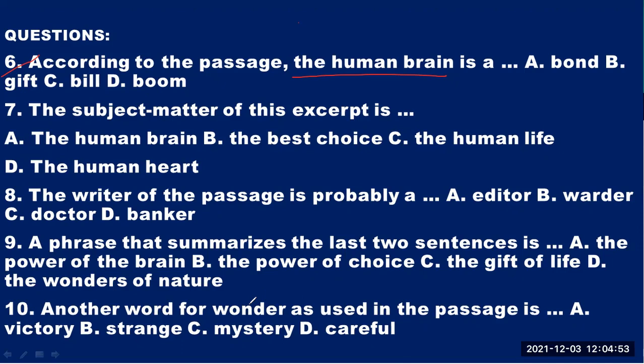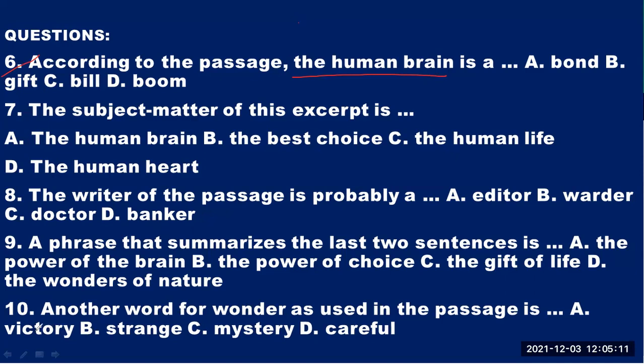And then we know the phrase that summarizes it. We know what those 2 sentences are about, and then we'll be able to pick the phrase that summarizes the subject matter of those 2 sentences.